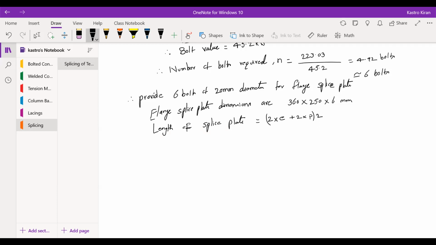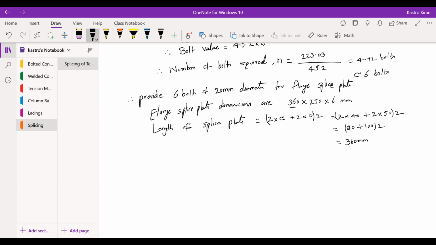The 2 times of edge distance is 40 mm, and 2 times of pitch distance is 50 mm, and whole multiplied by 2. It will be 80 plus 100, into 2, which will be 360 mm. So that's how this value has come.